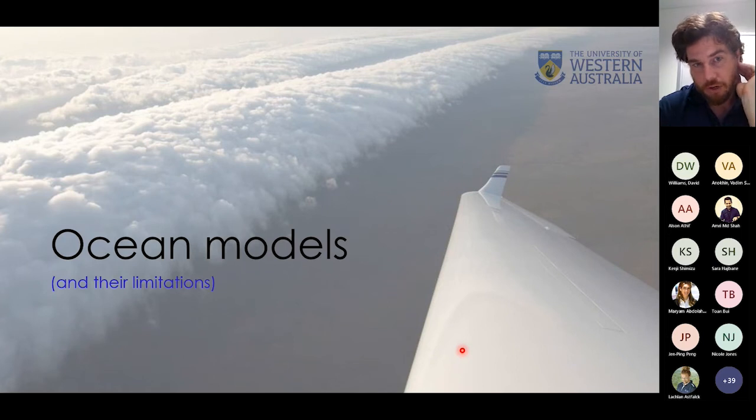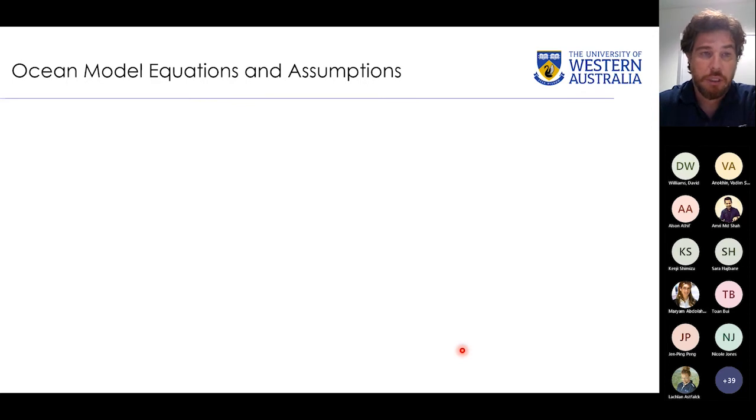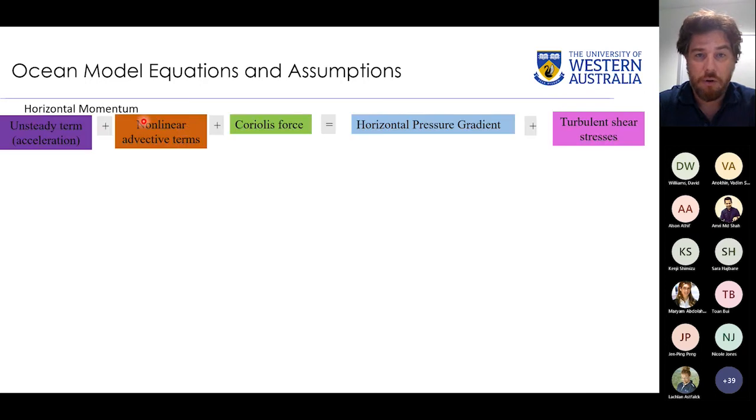So now I'll go into ocean models and how we go about modeling the processes down to these scales, and how we use the models to understand how to better collect measurements, and also some of the limitations of the model. Being Thursday before a long weekend, I won't write the equations out.